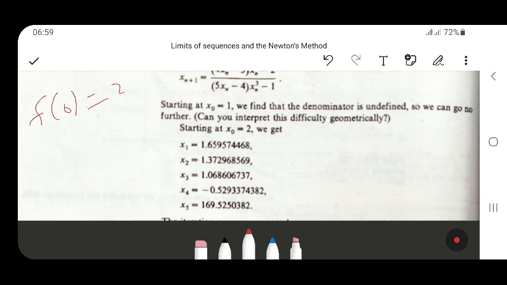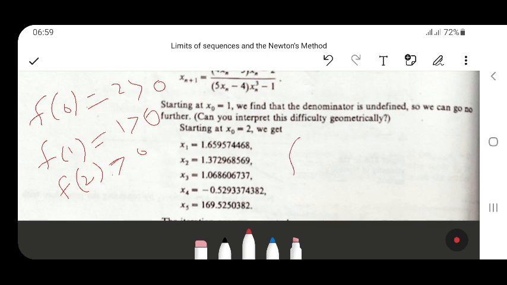So f of 0 is 2. f of 1 is 1 minus 1 minus 1 plus 2, so again you will get 1. These are greater than 0. Again, f of 2 is 2 raised to 5 minus 2 raised to 4 minus 2 plus 2. This is again greater than 0.